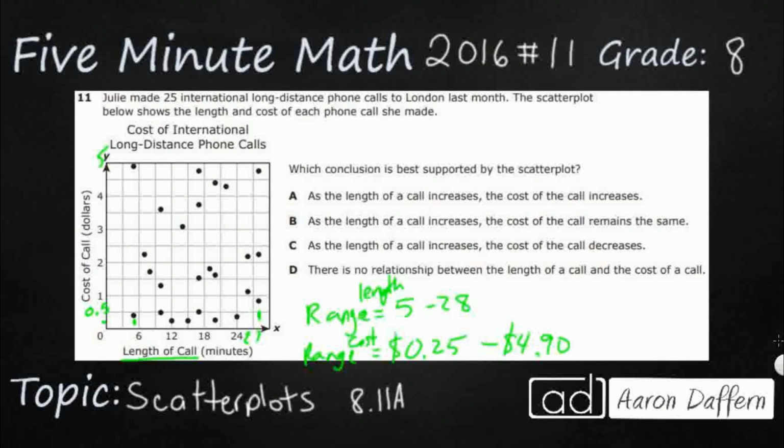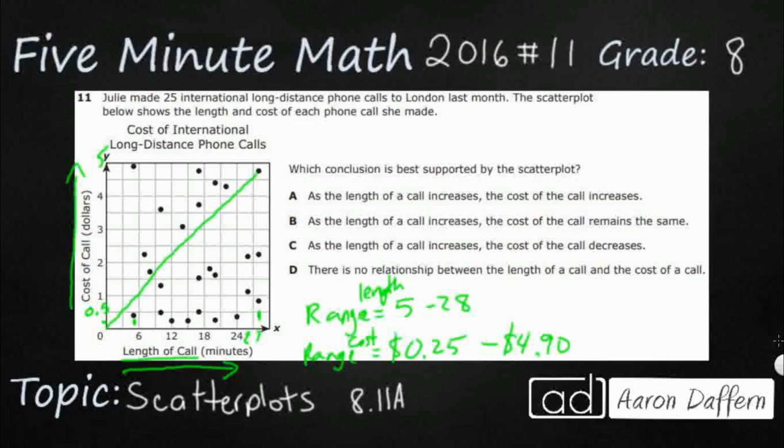So A, as the length of call increases, okay, so as we're going to the right, the cost of the call increases, okay? That would make sense, right? The longer the call, the more money, like if there's a flat rate of so much money per minute. Well, if you were to do that, you would expect to see a linear relationship.